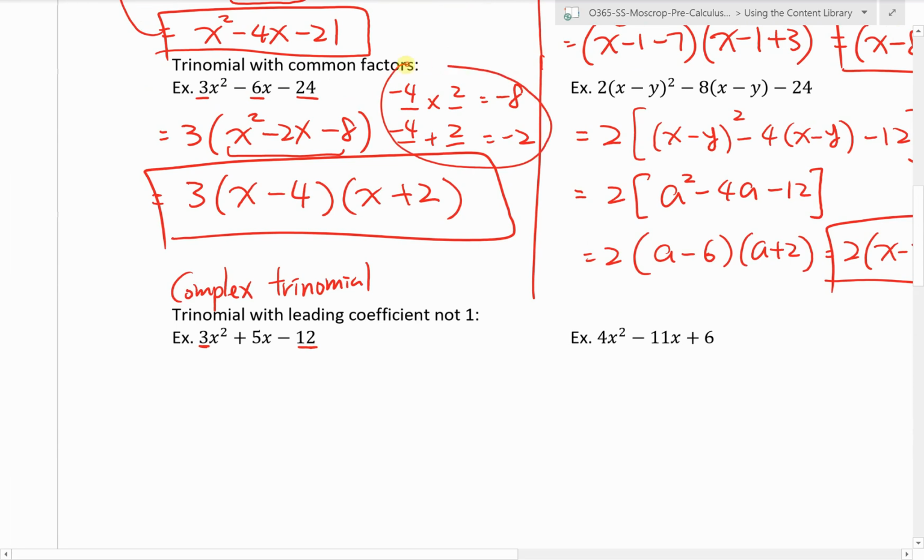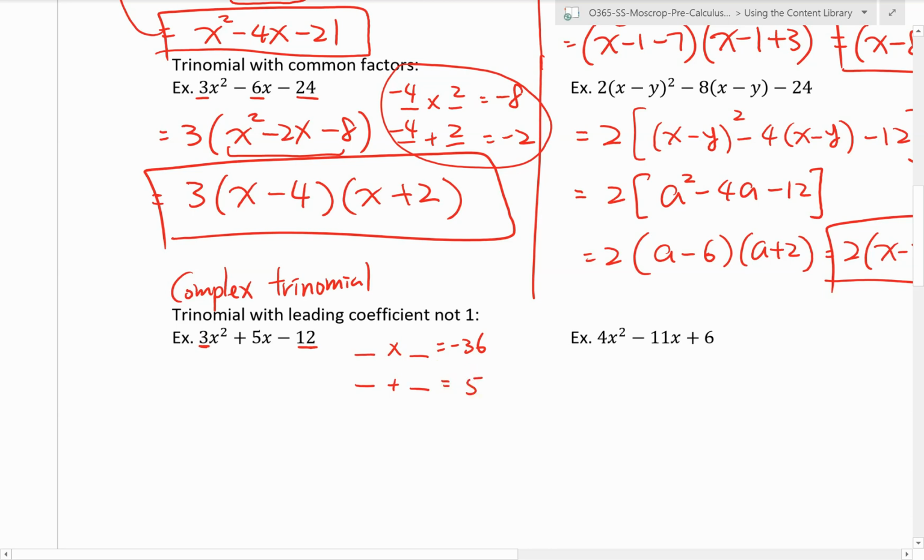We had negative 8 here, and that came from the constant term. So we are going to do something similar, except now it's 3 times negative 12, which is negative 36. And we are looking for the same two numbers, and this part is the same, that add to the middle term.